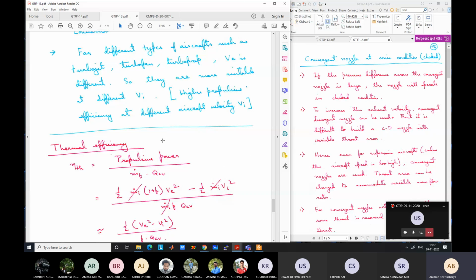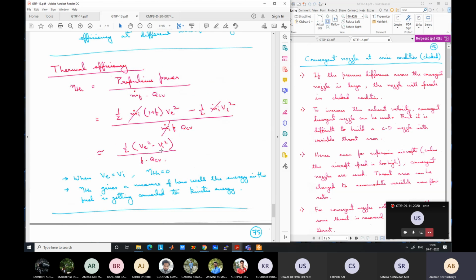Turbojet engines have highest exhaust gas velocity, turboprops have lowest exhaust velocity. There is no exhaust velocity per se, but lowest velocity of the air which is pushed by the propeller, and turbofans have in between velocity. Accordingly, their aircraft velocity also changes.